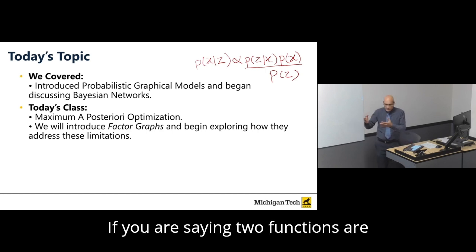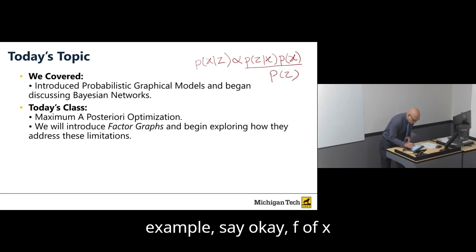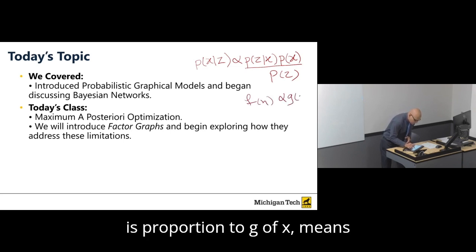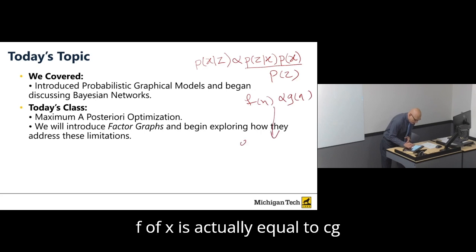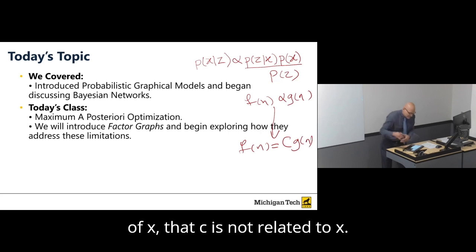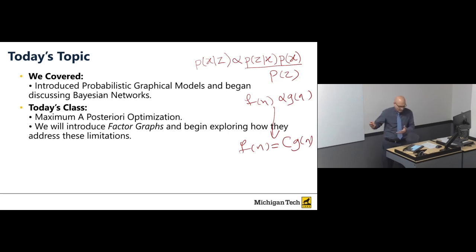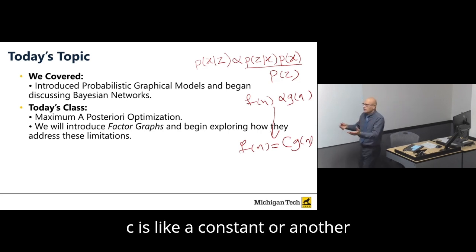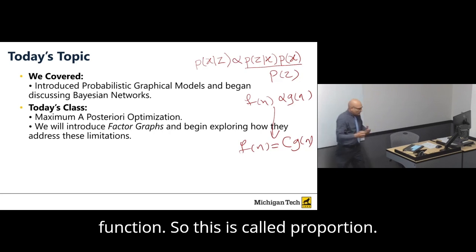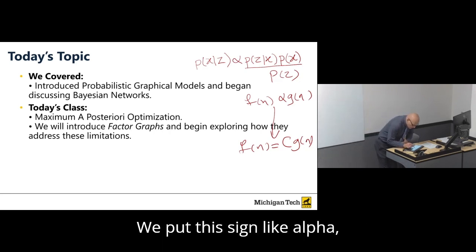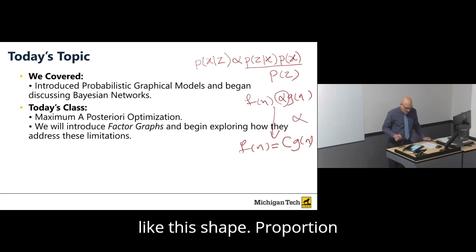If you are saying two functions are proportional to each other, for example, f of x is proportional to g of x, it means f of x is actually equal to c times g of x, where that c is not related to x. C is like a constant or another function. So this is called proportion. We put this sign, like alpha, like this shape.